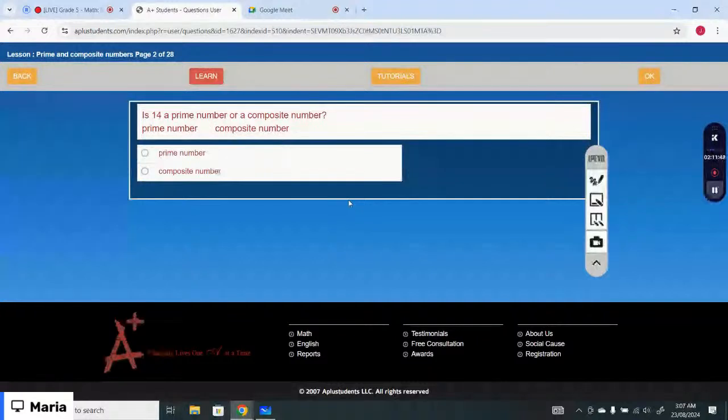The correct option is 14 is not a prime number, right? 14 is a composite number because 14 has more than two factors. They are 2 times 7, so 14 is a composite number. The correct option is composite.